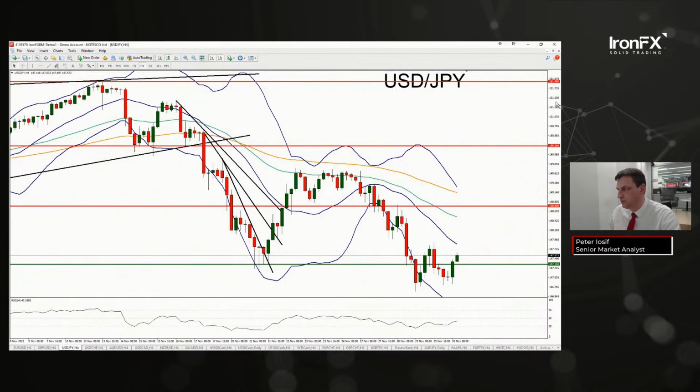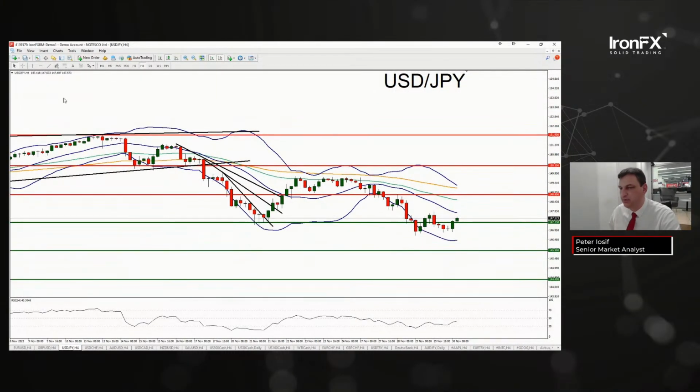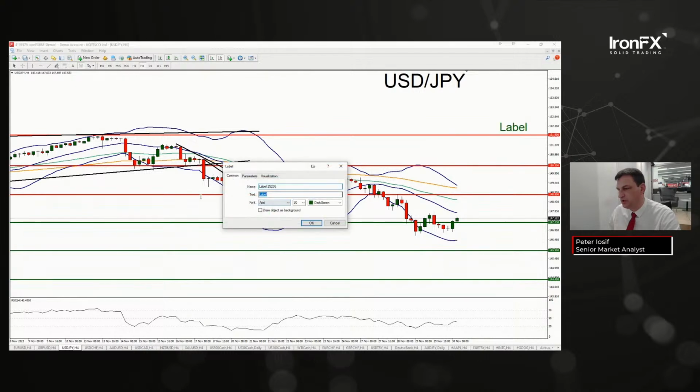Readjusting. Let's label this. Starting with the R3 at 151.90 in red.